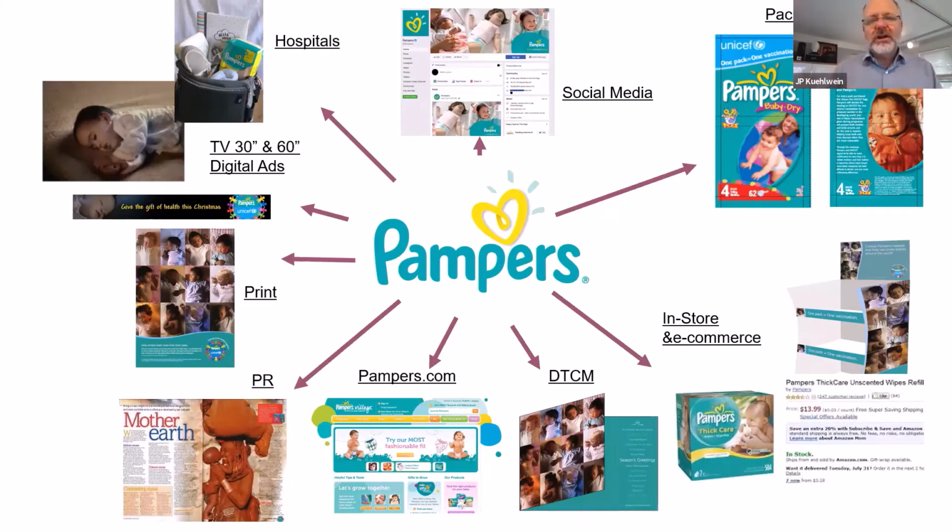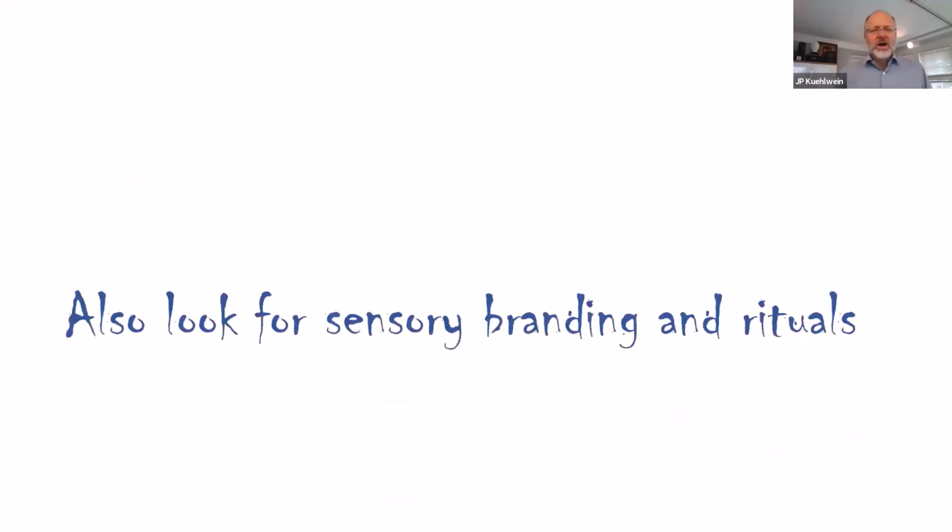You can do this online. Of course, it's nice to walk through stores, etc., but this is pandemic times. Fortunately, a lot of things are possible online. What is nicer in the field, but which you can still deduce or remember sitting at home, is whether in all of this action there's also sensory branding and rituals at work, all right?